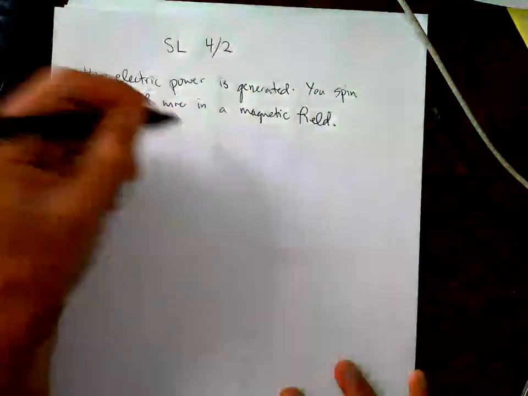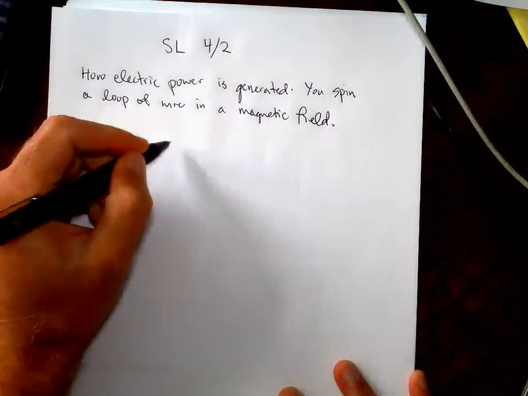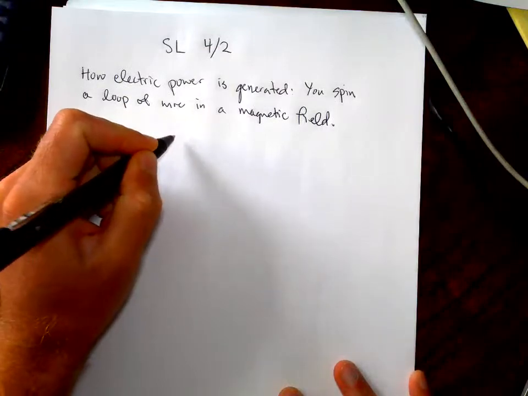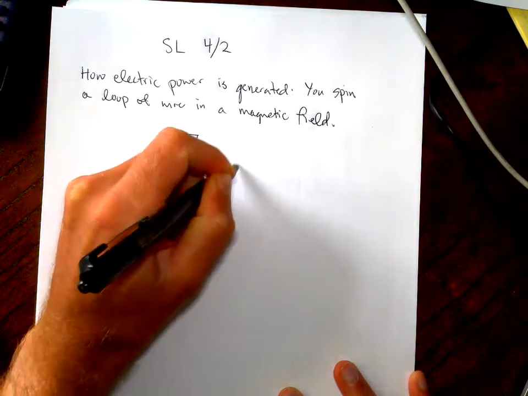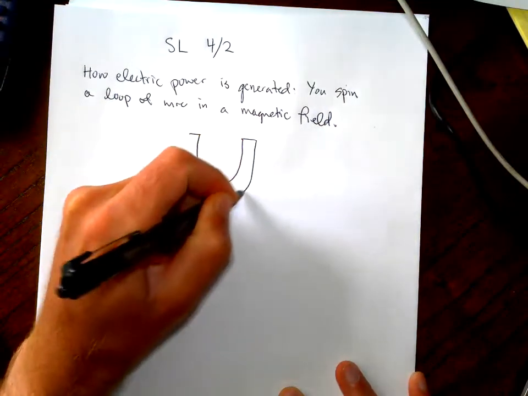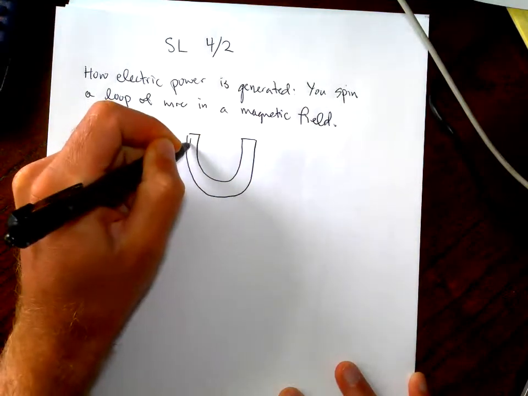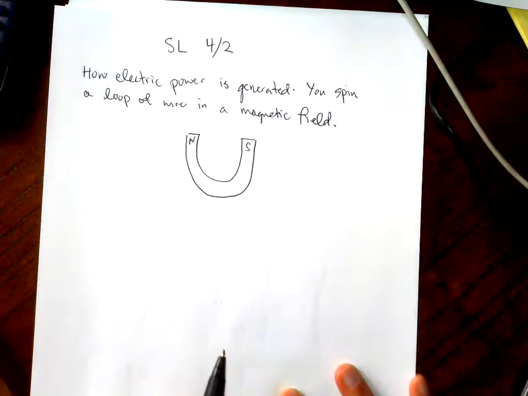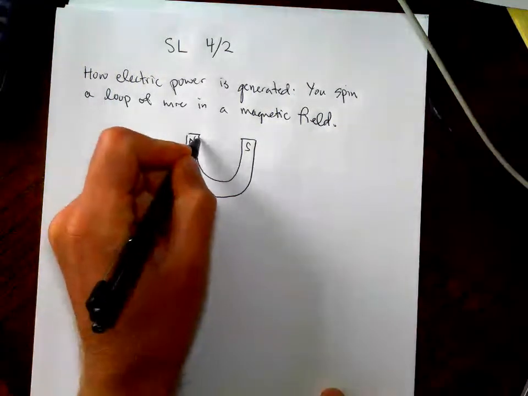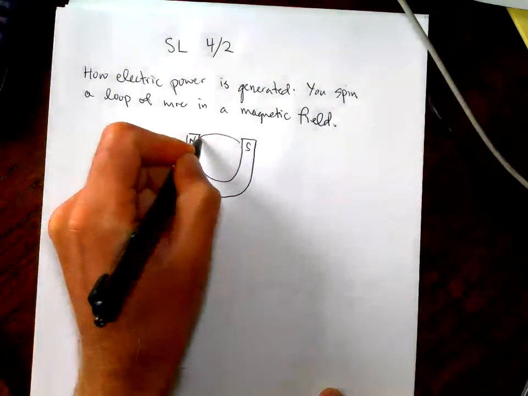So let's suppose you have, like, a U-shaped magnet, a U magnet that has a north pole and a south pole. The magnetic field lines go out of the north pole and into the south pole, kind of like this.